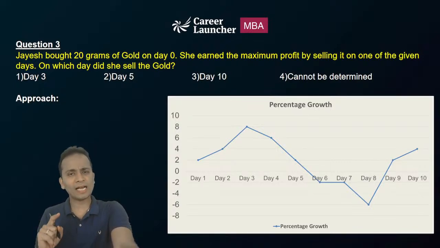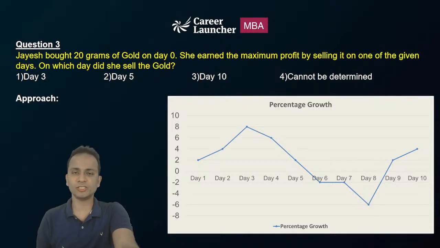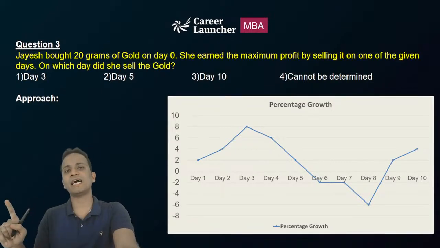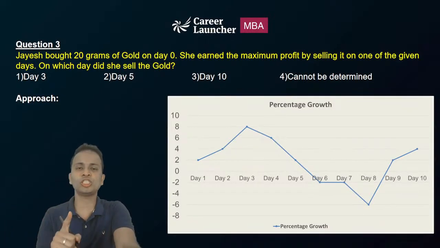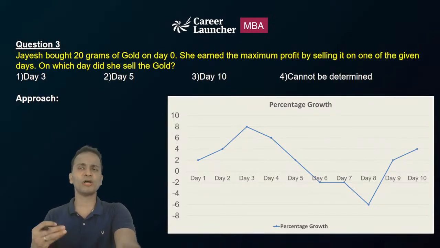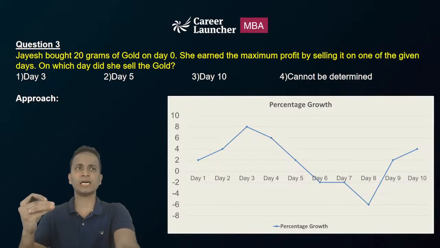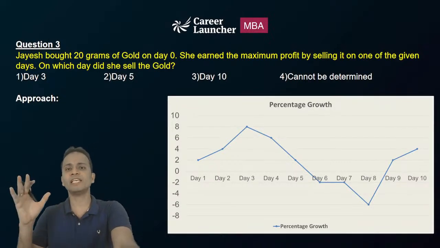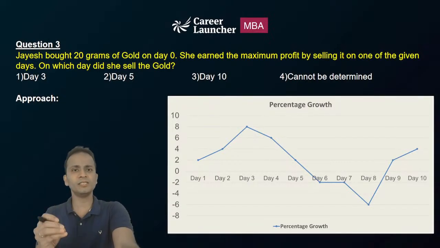Now before you actually start doing calculations, observe the entire data and then logically give me an answer. Okay, right? If I give you a calculator, or the liberty to do each and every calculation, then certainly you will be able to get the answer, but it will take a lot of time.